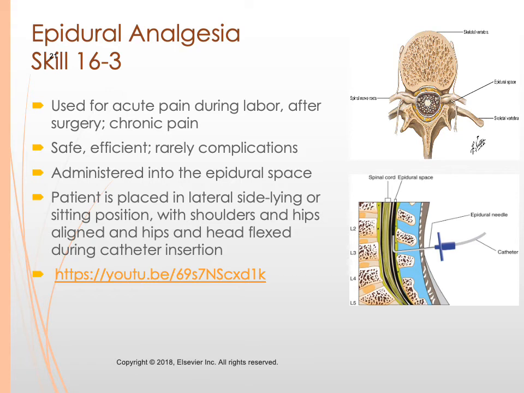Anesthesiologists and nurse anesthetists are the ones who place the catheter in the epidural space, and usually it goes below the second lumbar, but it can also be placed higher at the thoracic level of the spinal cord. And the analgesic is distributed by diffusion. It goes through the dura mater into the cerebral spinal fluid.